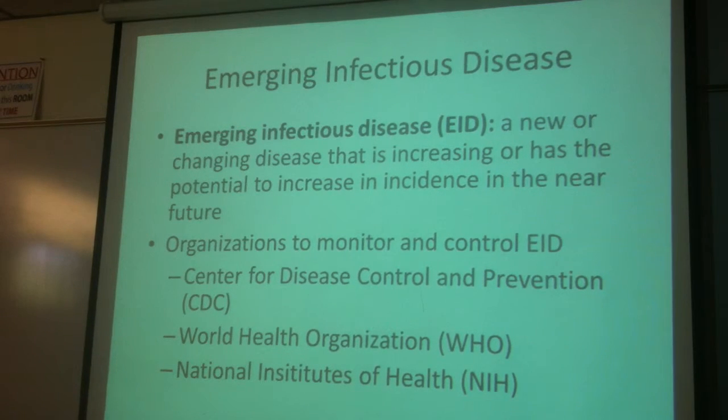Is there some new horrible thing coming to get us? So the CDC, the WHO, and the NIH are all monitoring and controlling, looking for emerging infectious diseases. They're all trying to figure out what is going to be the next emerging infectious disease and how we can stop it or prevent it or slow it down when it does come.